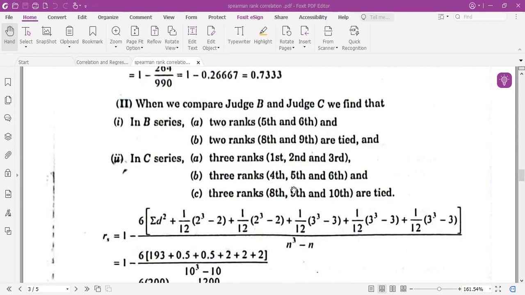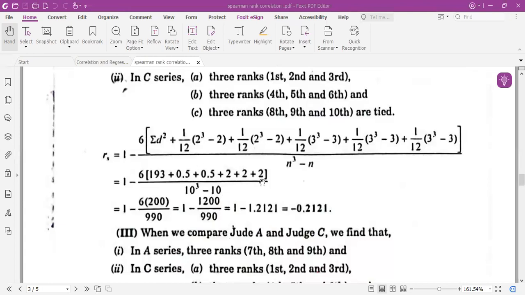So you'll have M1, M2, M3, M4, and M5. M1 is 2 and M2 is 2, then M3 is 3, M4 is 3, and M5 is 3. Putting all these values, you get minus 0.21.